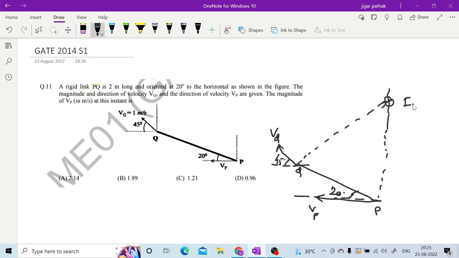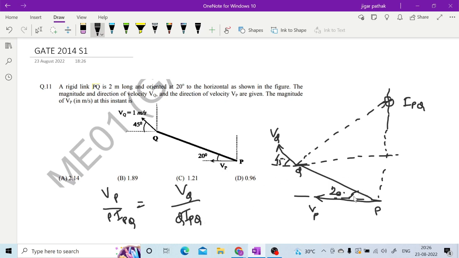You can write this as IPQ. Now once you have this instantaneous center with you, you have VP divided by P into IPQ, that is the distance. Similarly VQ divided by Q IPQ. So you have to calculate this distance from this geometry.